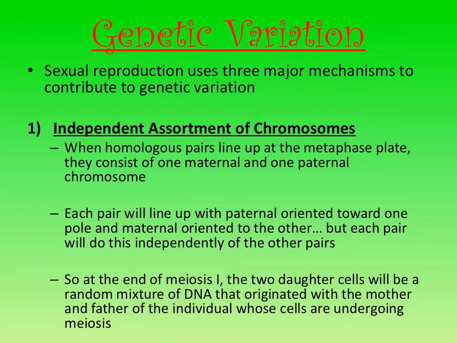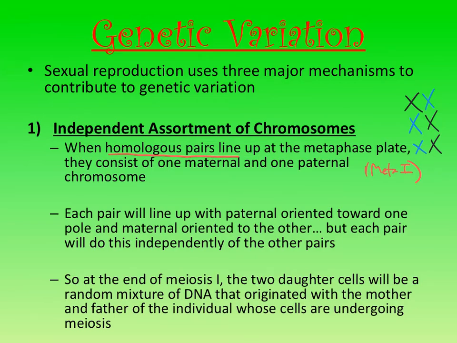Independent assortment of chromosomes means that when the homologous pairs line up at the metaphase plate, so during metaphase 1, and they line up in this little 2x2 pairing, here's a homologous pair, and then right beneath it, here's a homologous pair, and then beneath that, here's a homologous pair. Each of these pairs is one maternal and one paternal chromosome.